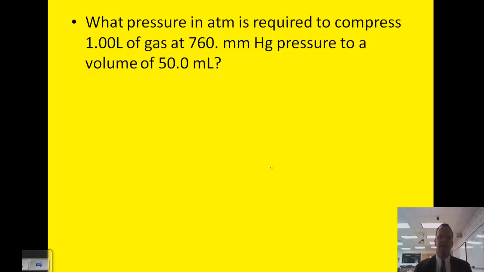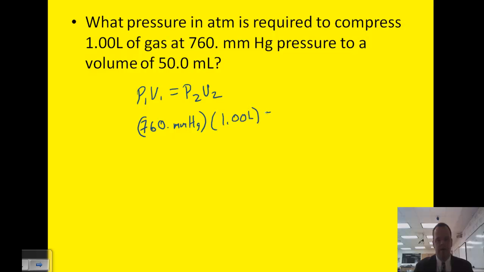What pressure in atmospheres is required to compress 1 liter of gas at 760 millimeters of mercury pressure to a volume of 50 milliliters? So, P1 V1 equals P2 V2. So we've got 760 millimeters of mercury, a volume of 1.00 liters.